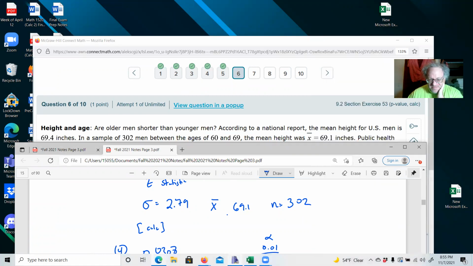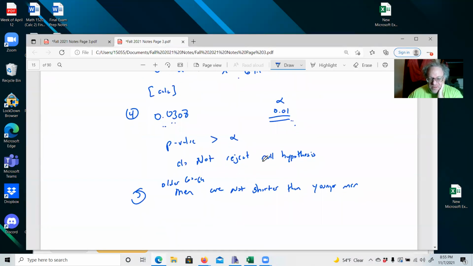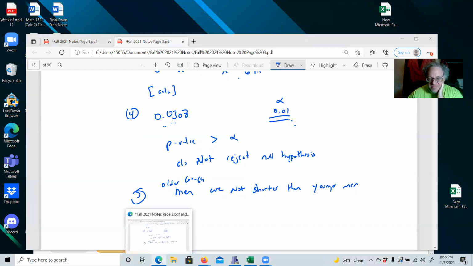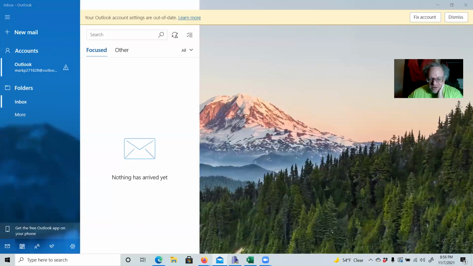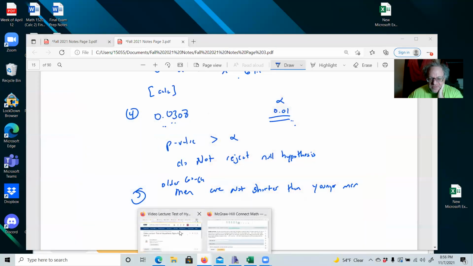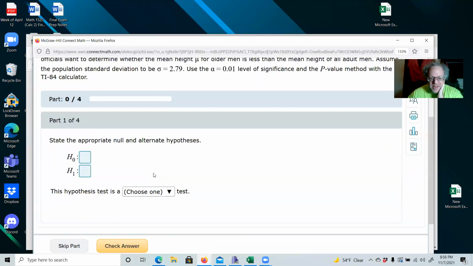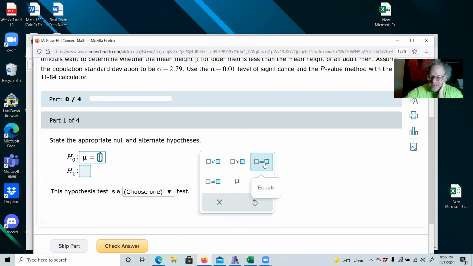All right. But we're not going to care about that yet. Okay. So let's go ahead and fill out the problem in the book. I want just this right here. Okay. So null hypothesis: mu is equal to 69.4, and the alternative, mu is less than 69.4.